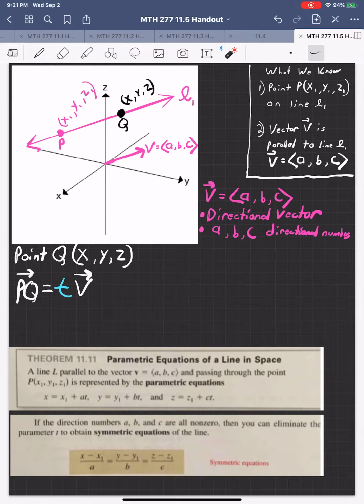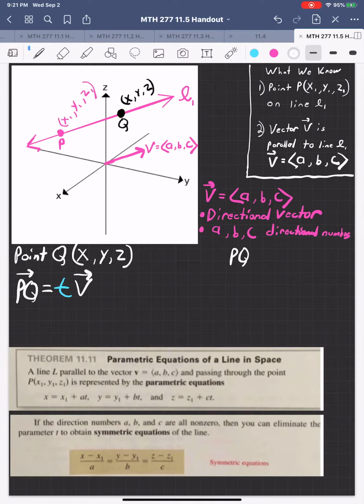So let's go ahead and define P to Q, and then let's get to our equation. Ready? So you know that if you want P to Q, if you want to move this vector so that its initial point is at the origin, if you want to think of it in component form, you and I know how to do that.